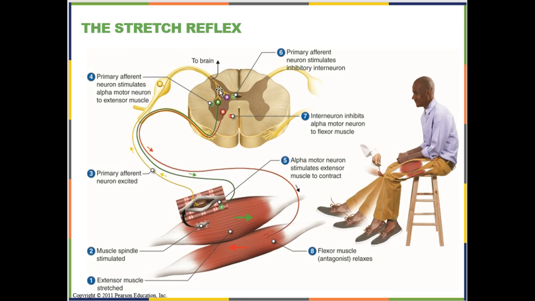It will ultimately make your brain aware of it, but the reflex that we're going over does not involve the brain. So this happens before your brain even really has a chance to respond to it. So the sensory neuron gets excited. It is going to dump excitatory neurotransmitter onto a motor neuron and an interneuron. Those little green pluses mean excitatory neurotransmitter.